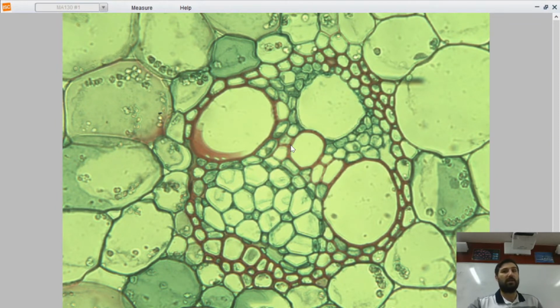Now we need to look at these vascular tubes as if the tube's been cut this way. If this is the tube, at the moment it's cut horizontally. Now we need to cut longitudinally or vertically to see some of the differences in the structures between these cells.